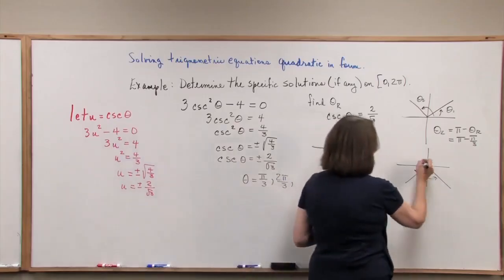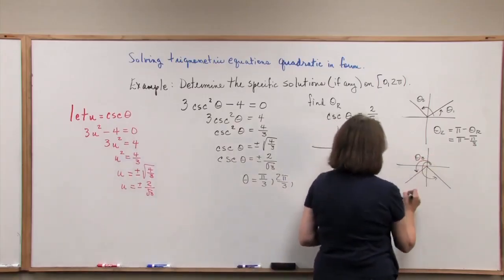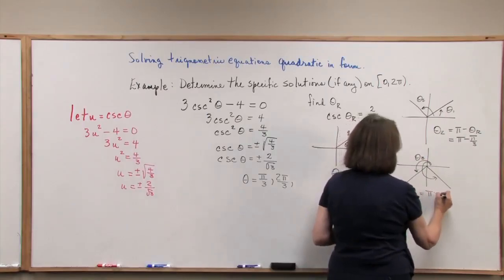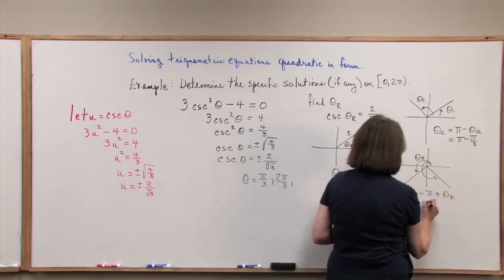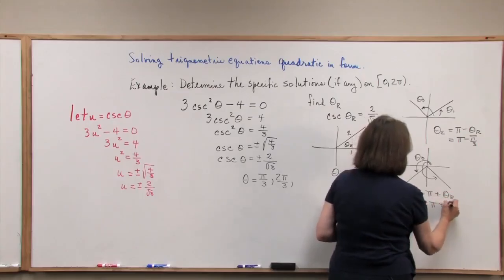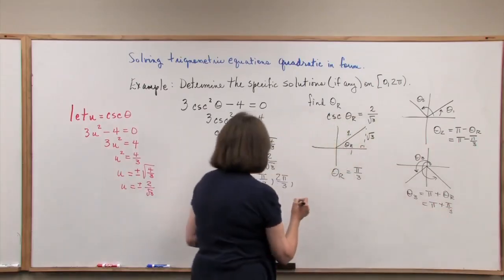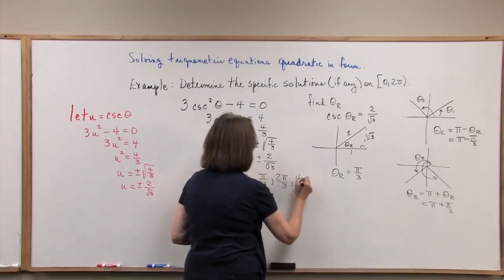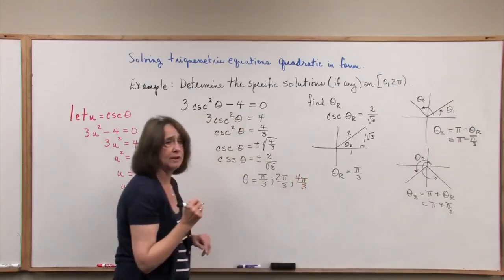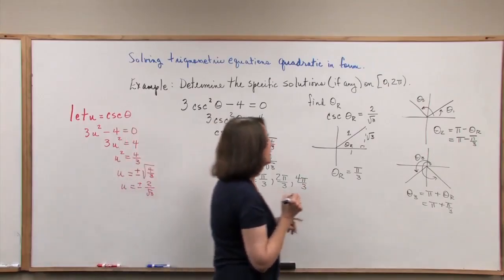Third solution, in quadrant 3, we will find by adding pi to the reference angle, pi plus pi over 3 is 4 pi over 3. Third solution.